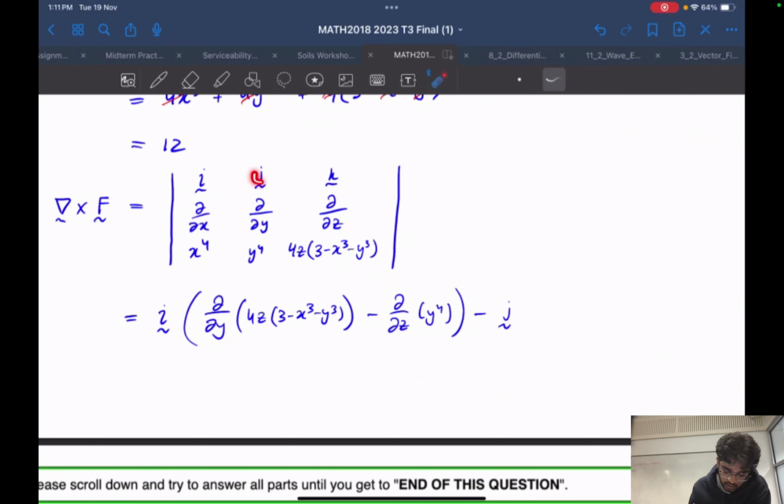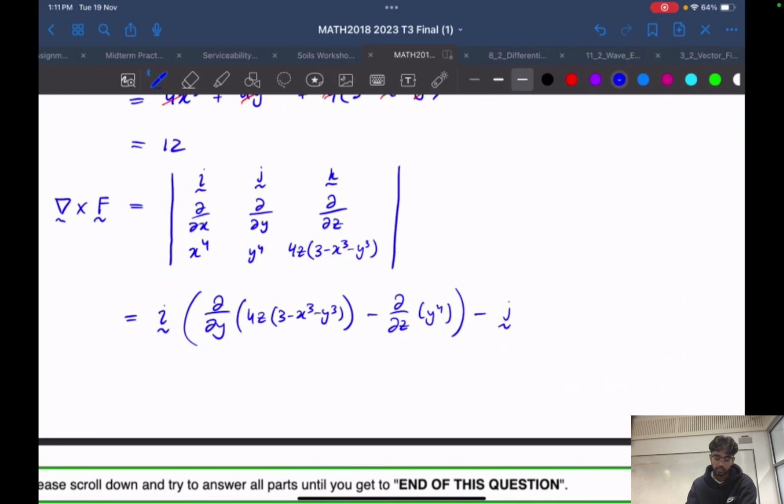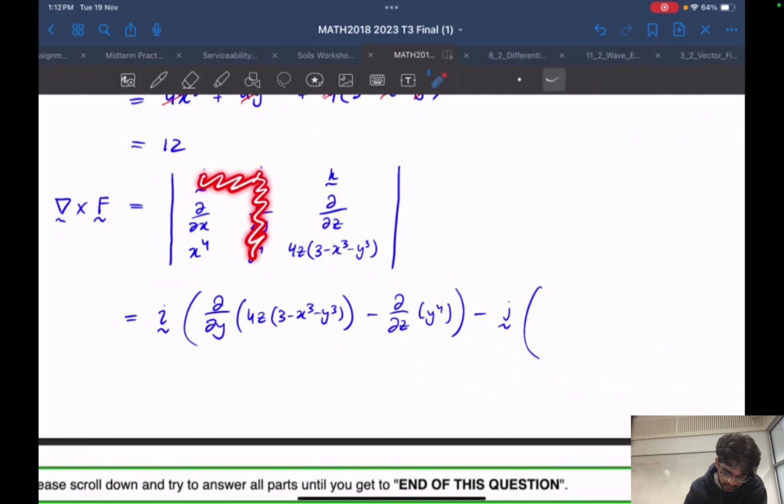So we're taking this column and this column out of the equation, and we form a matrix with this column and this column, and we solve a determinant using that as well. I'll quickly show you what I mean. We're going to do this differential of this minus this differential of this, if that makes sense.